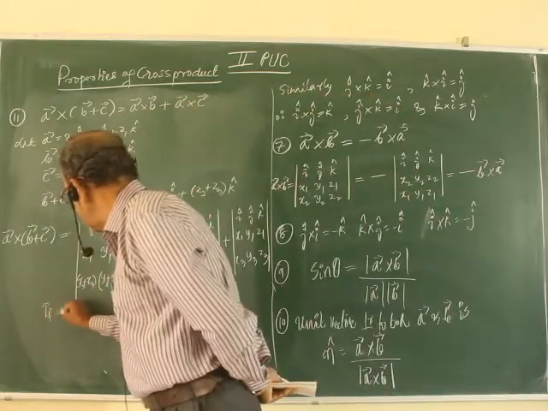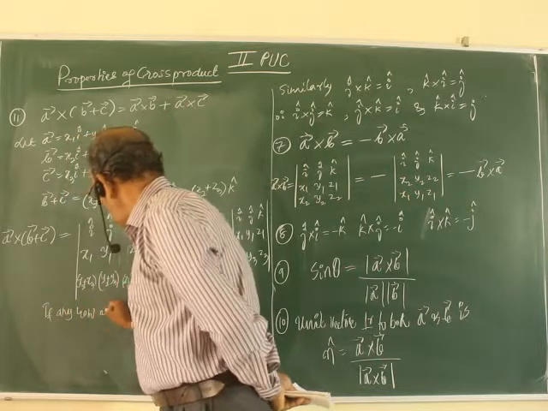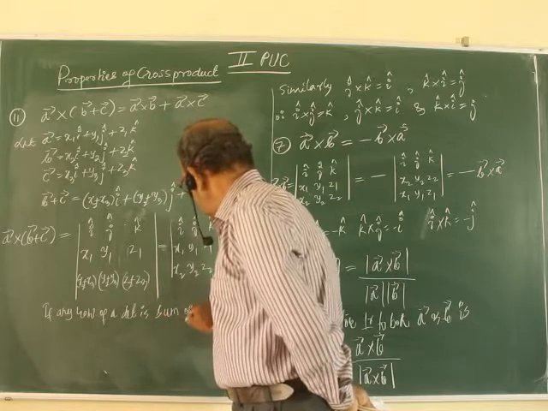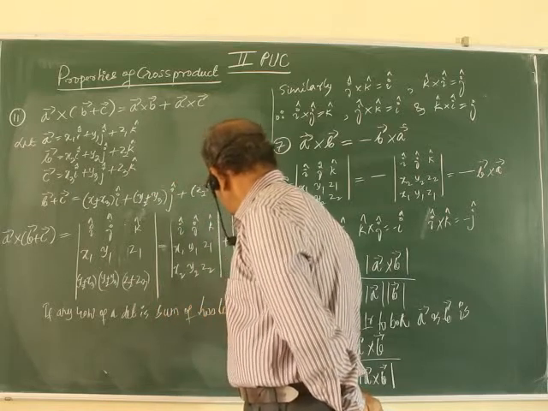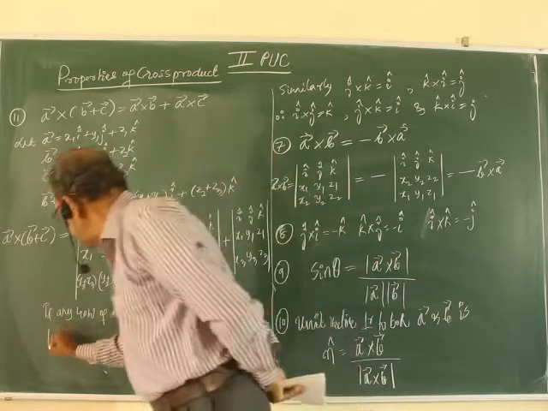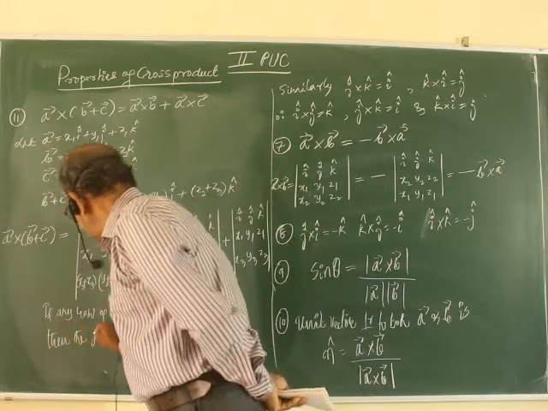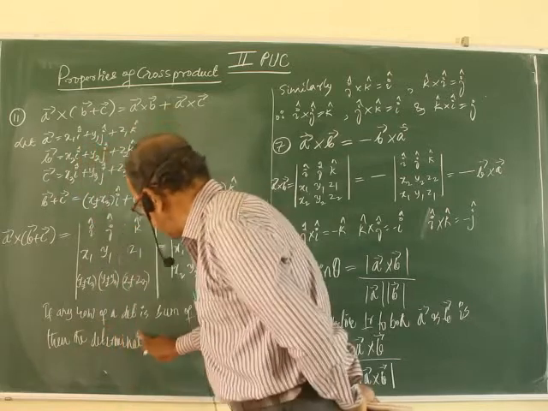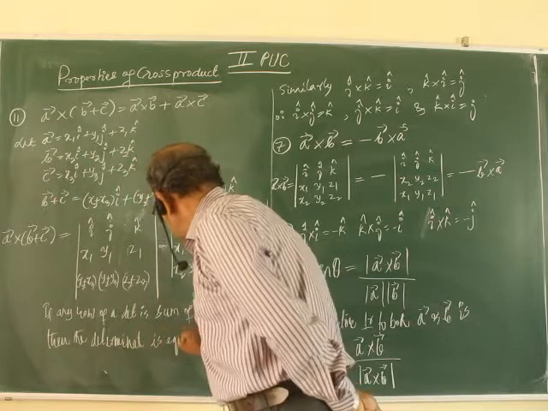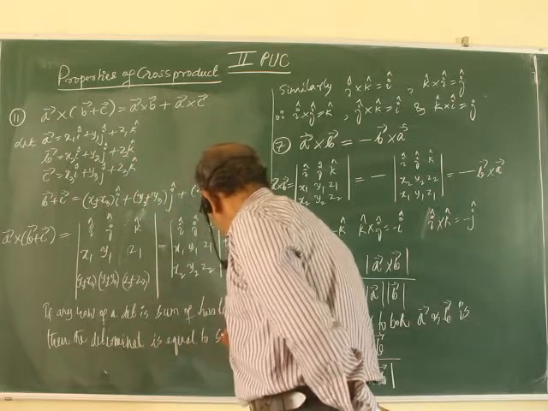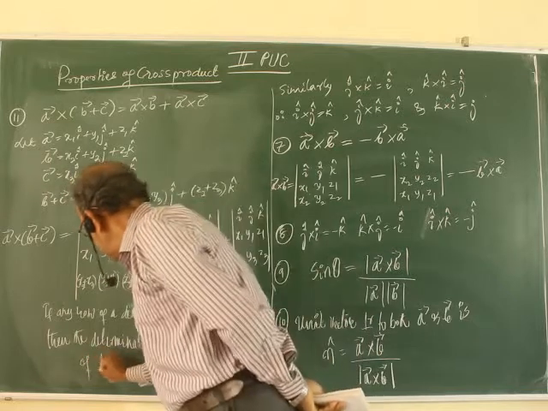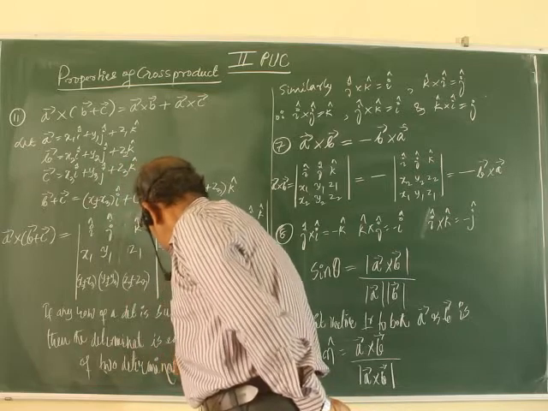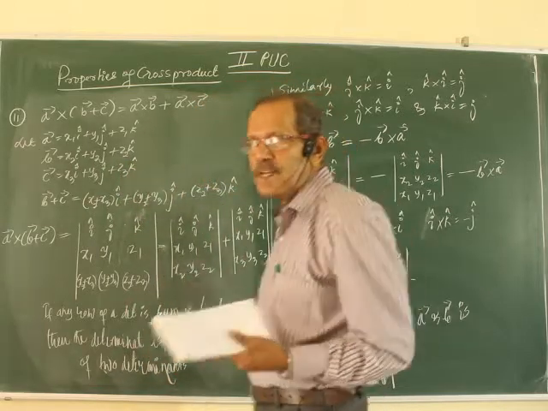If any row of a determinant is a sum of two terms, then the determinant is equal to the sum of two determinants. It is the property of the determinant.